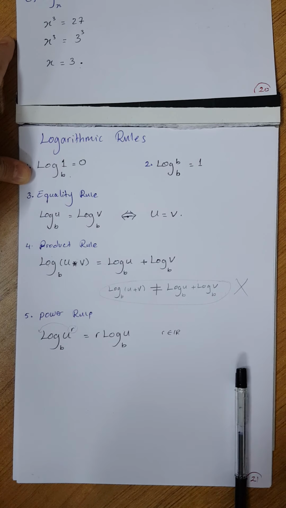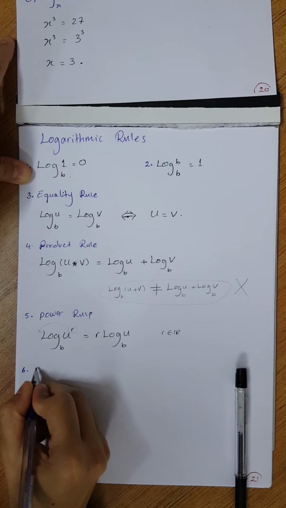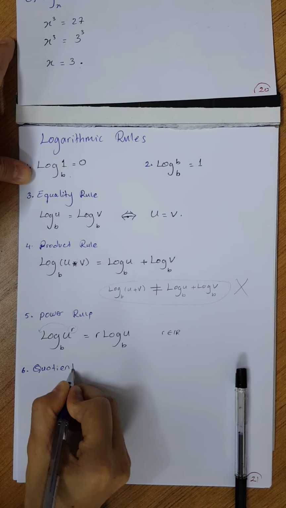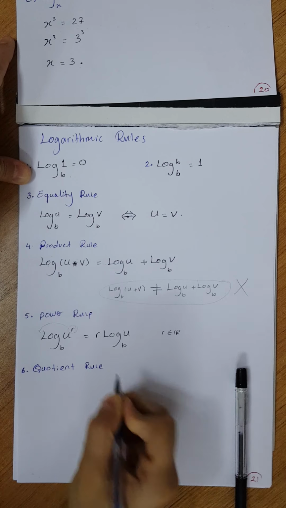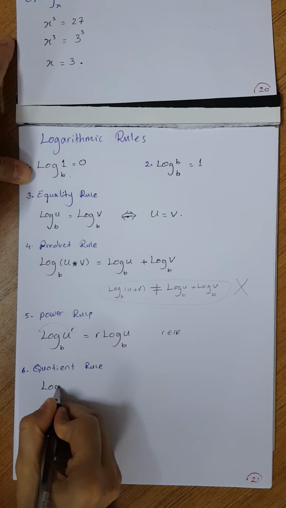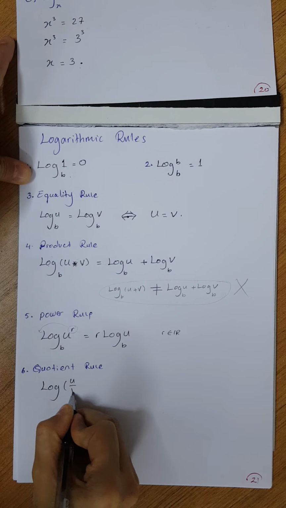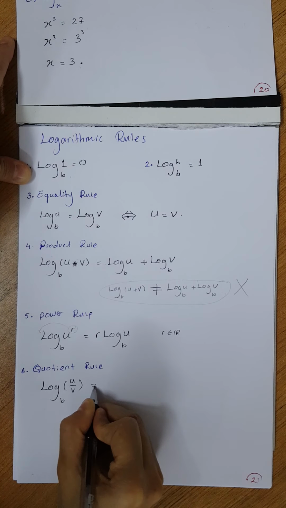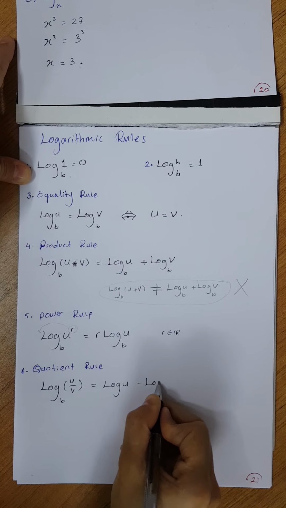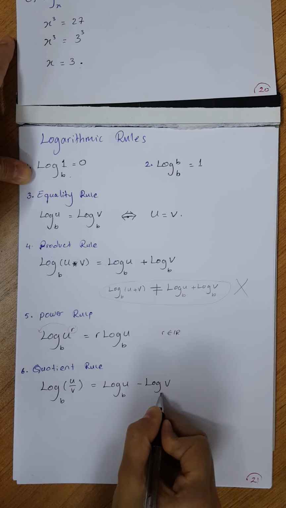We have another rule. It is called the quotient rule. In the quotient rule, division changes to subtraction. So logarithm of u over v with the base of b is equal to logarithm of u minus logarithm of v.